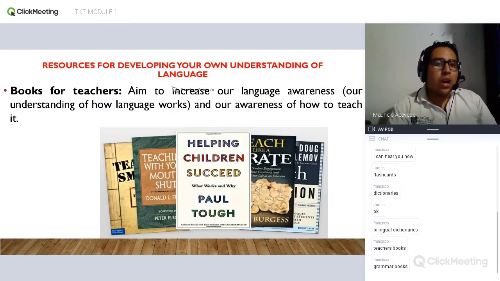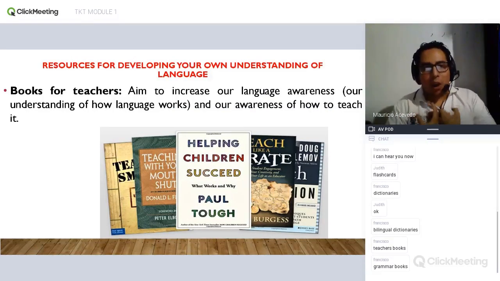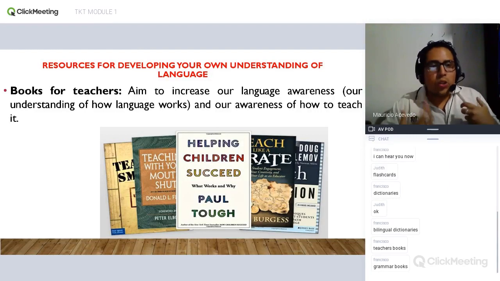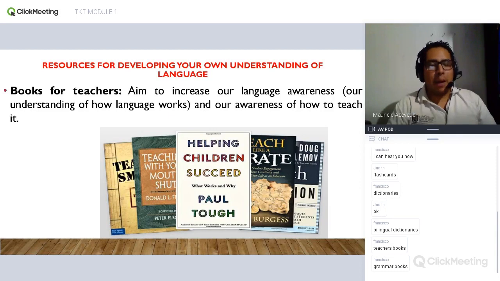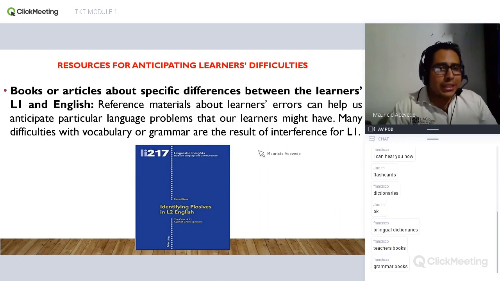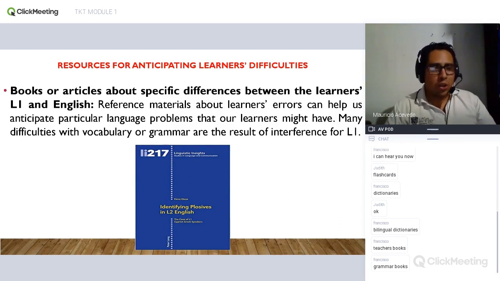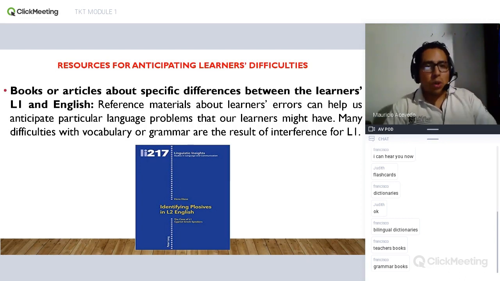We also talk about books for teachers. There are a range of books that can help us for our teaching: how to transmit, how to share the knowledge, the techniques, the methodology we can use, etc. This is for us as teachers. We most of the time also have books or articles about specific differences between learners' L1 and English. Why is this important?